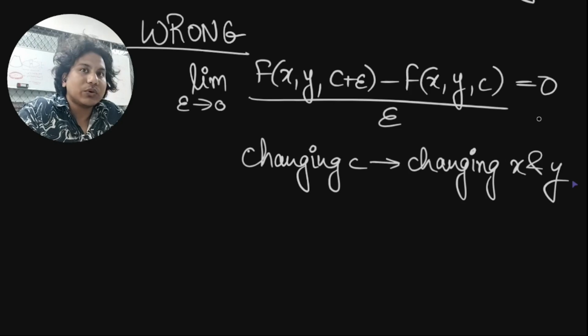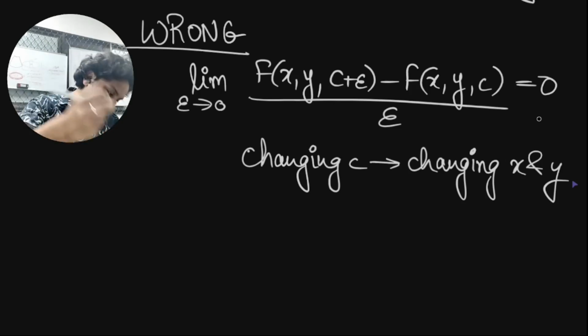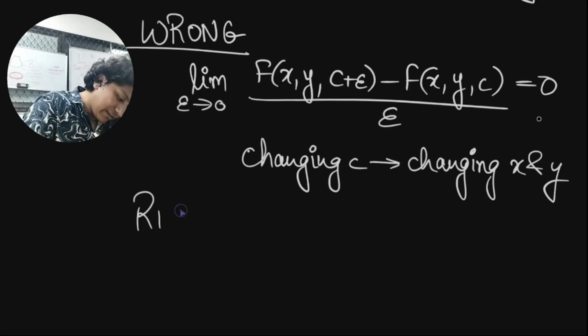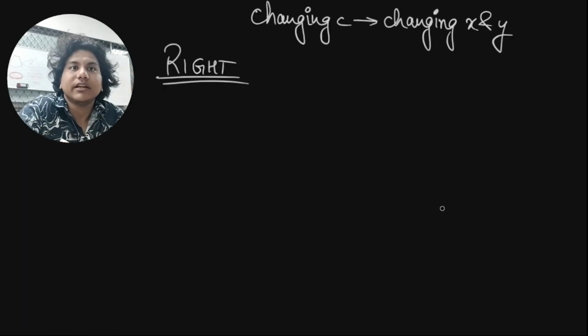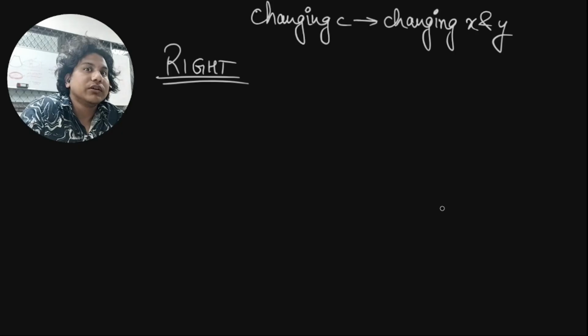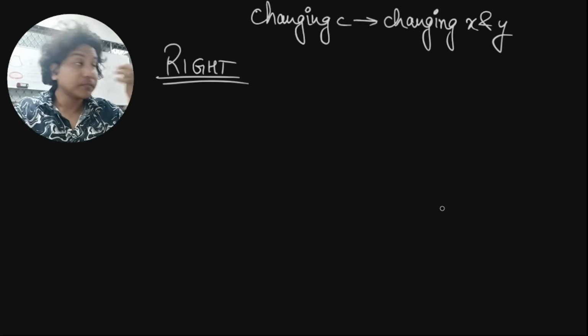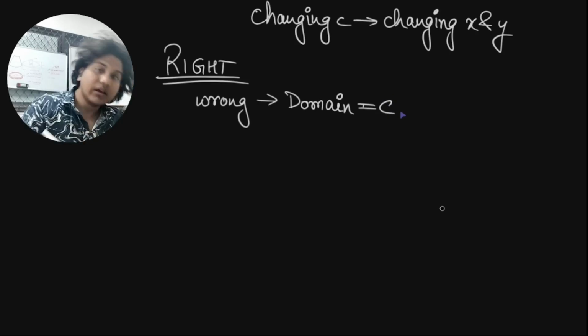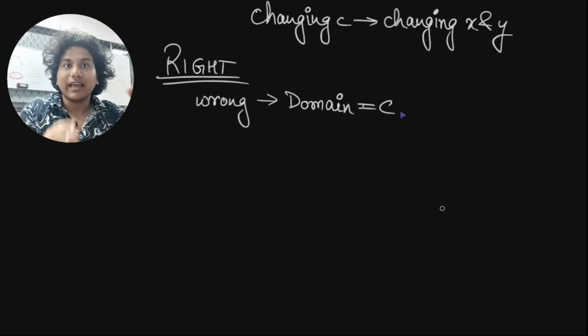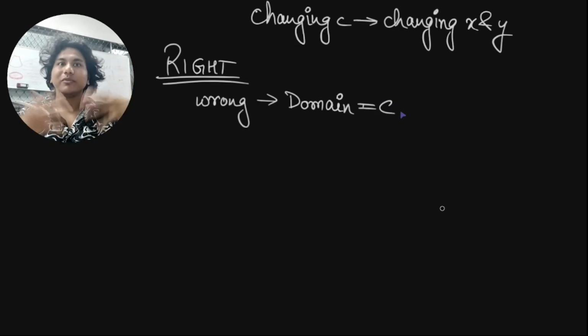So the right way to do this would be as follows. One of the critical errors that we made was defining the domain in c. But as we saw, x and y also change with c, so the domain expands.